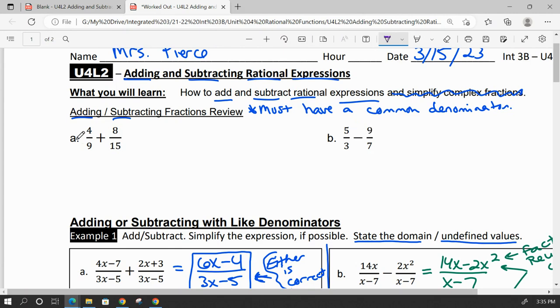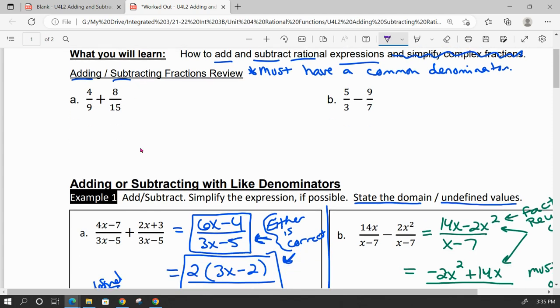I know there are other ways of doing this, but I want you to focus on the denominators. We're going to factor the denominators. So the 4 is your numerator. 9 can factor into 3 times 3. 15, you have a 15 in the denominator. That can factor into 3 times 5.